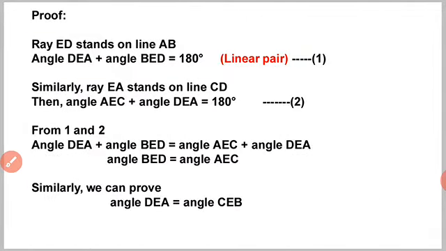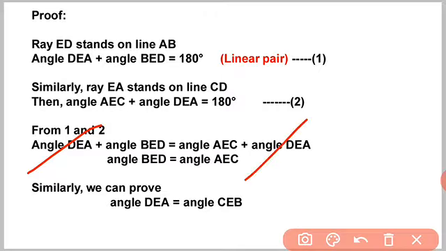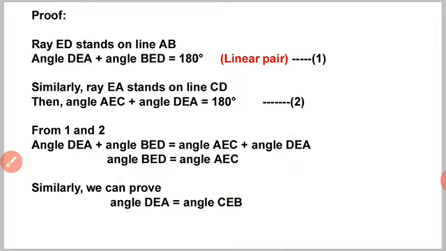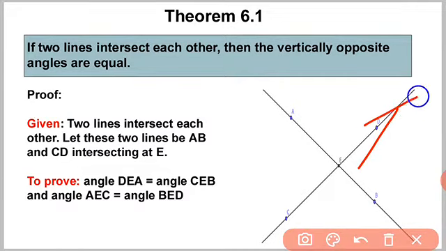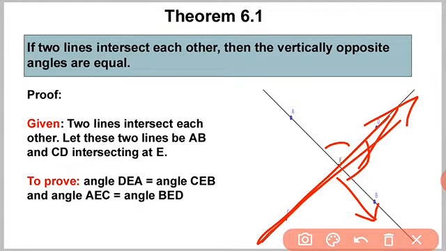So we get two equations, and from equation 1 and equation 2 we can see that angle DEA is common on both sides, so we can cancel it out and we are left with angle BED equal to angle AEC. Similarly, we can prove angle DEA is equal to angle CEB by taking the rays standing on line CD.